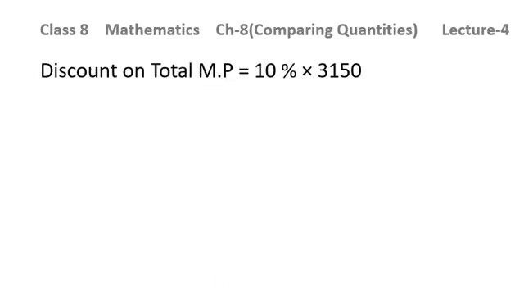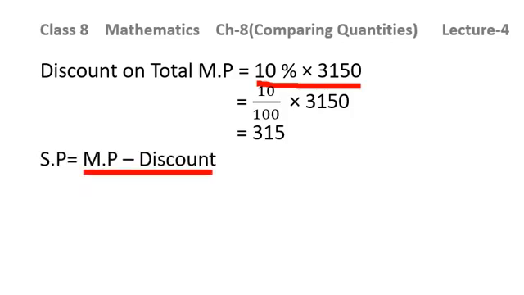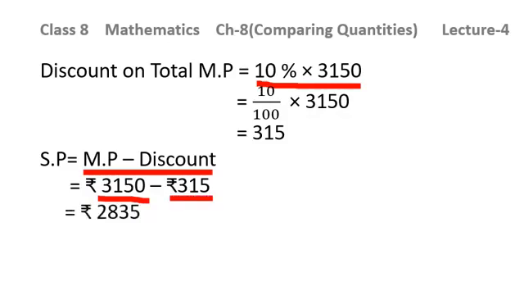So discount on total MP, that is 10% of 3150. You will solve like this, and then it will be 315. We need to find SP, and we know that SP is given by the formula MP minus discount. So putting the values, MP is 3150 minus discount, which we have calculated as 315, and simply we will get the answer as 2835.